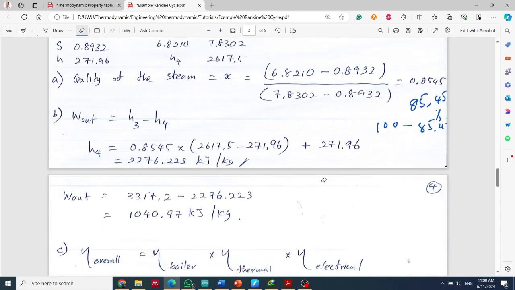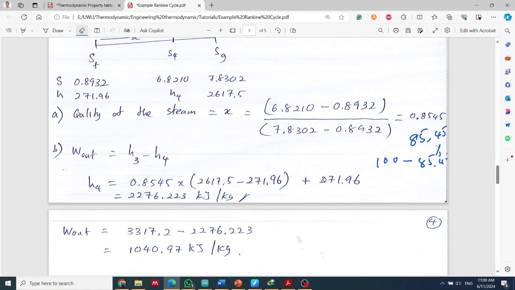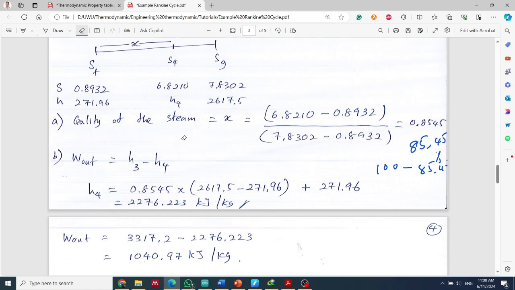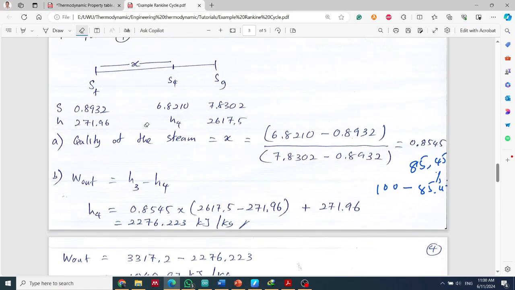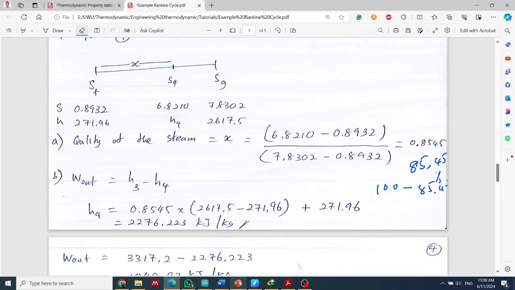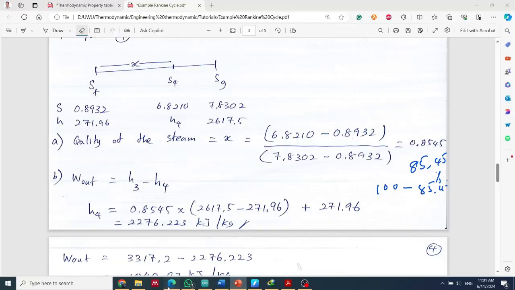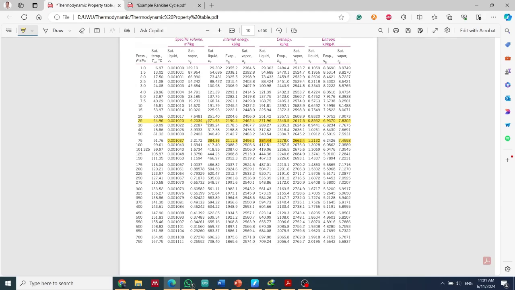Then we have to find the H4 value. Since we know the quality X value, we can write this equation, but before that let me extract the H values for the saturated region from the tables.